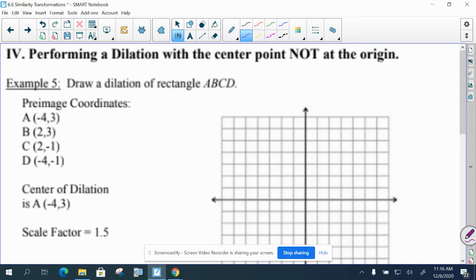All right, let's do another example of when the dilation is not at the origin. So we're going to draw the rectangle here. -4, 3, 2, 3, and 2, -1. So this is your point A. B is 2, 3.